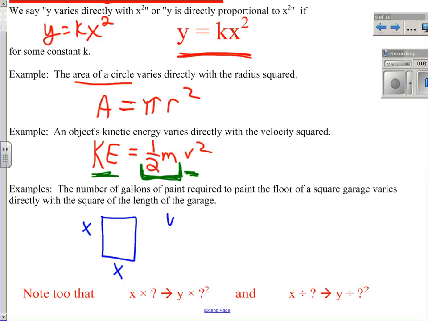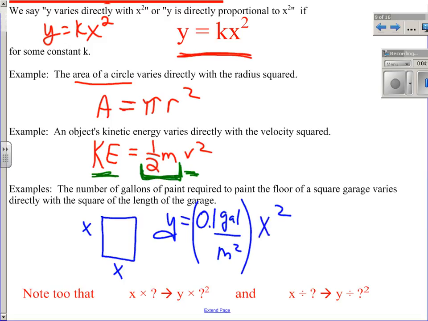The number of gallons I'm going to need is equal to some constant K. That constant K would be the gallons per square foot or square meter or whatever. So maybe it takes, I'm going to make up a number, 1/10 of a gallon to paint a square meter of floor. That would be your constant K, and then you multiply that by the area of the garage, which would be its length squared, right? And that would tell you the number of gallons.